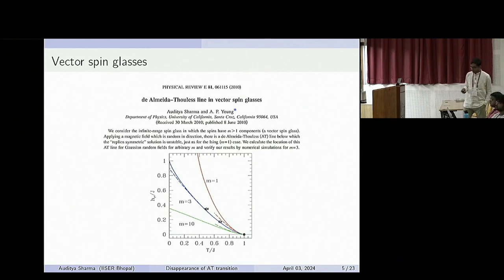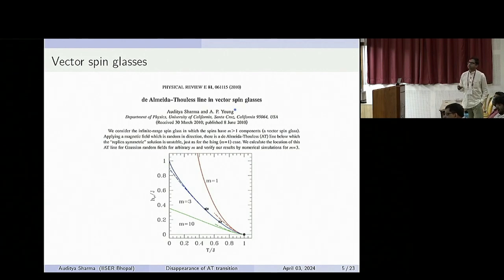In order to address this, a large number of studies have focused mainly on the Ising spin glass, where various variants of this Ising spin glass model have been studied. But in this paper, which we did during my PhD, we argued that in fact one can study a vector spin glass model, and turning on a magnetic field which is random in all the component directions gives us an AT line also for vector spin glasses.